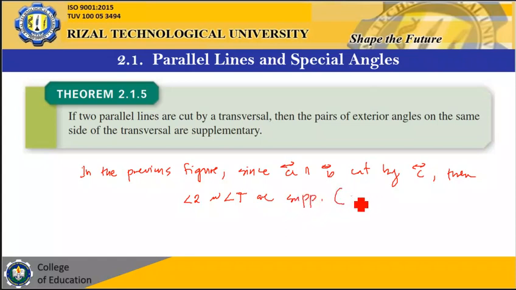That is, the measure of angle 2 plus the measure of angle 7 is equal to 180. Okay? So we're going to use these theorems in our two examples, which will be shown in the next video.